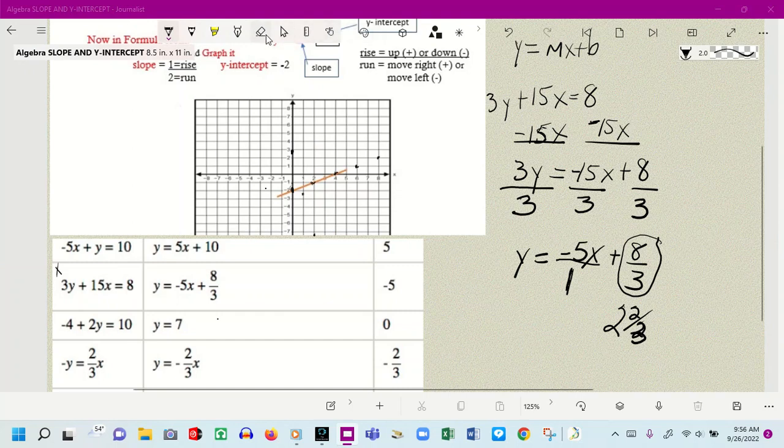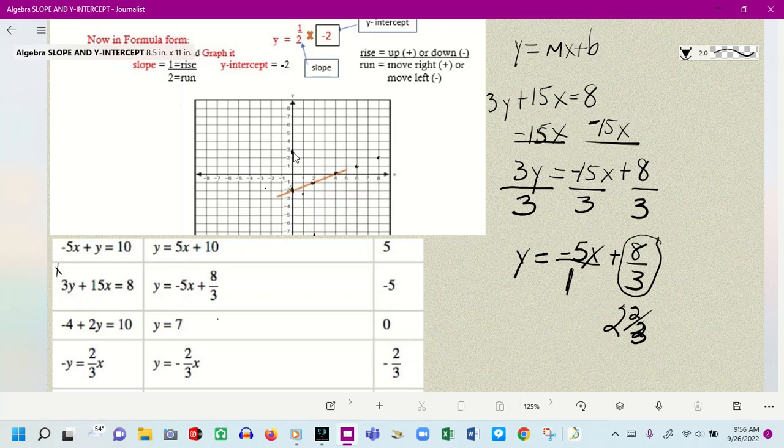I'm going to attempt to use my extra tools to create this line. Excuse me for my newness with these tools, okay?